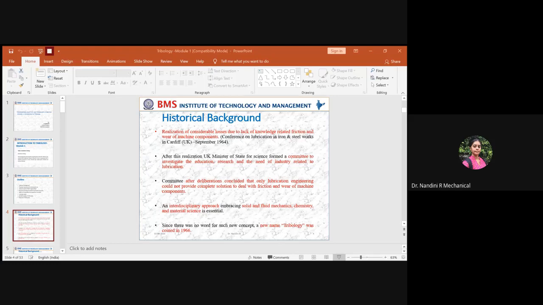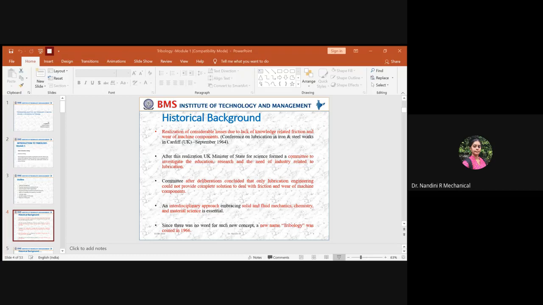Some curriculum was also built in education, so that right from the beginning until the industry level, there would be a flow of study on how to manipulate, fine tune, and set up solutions for the problems due to lack of knowledge in the area of friction related to machine components.